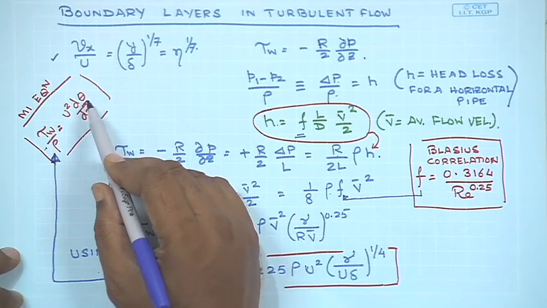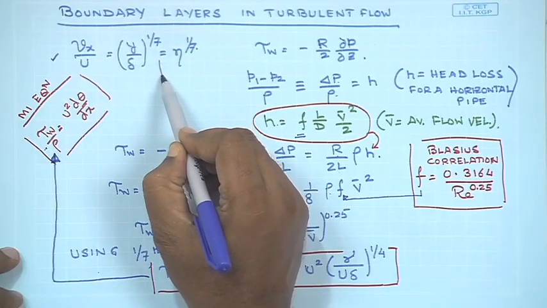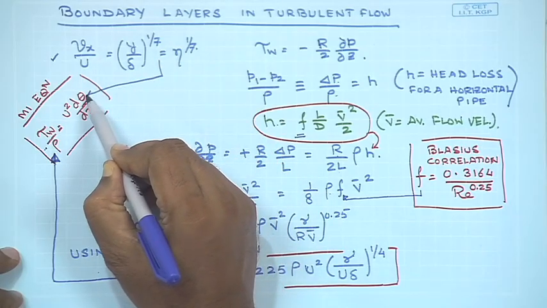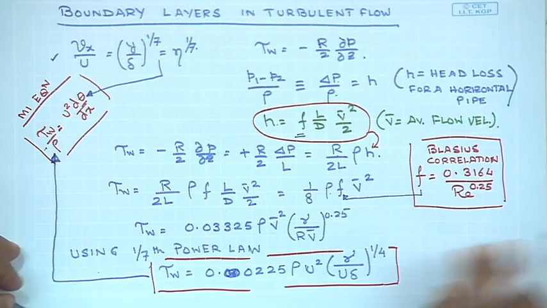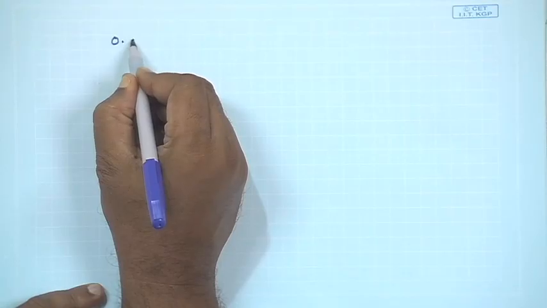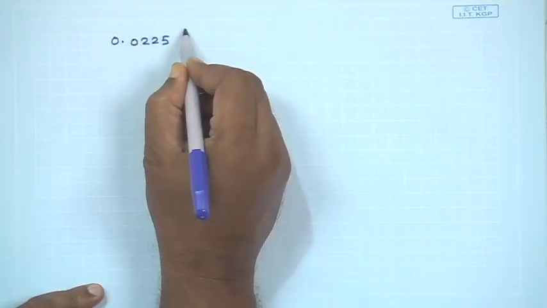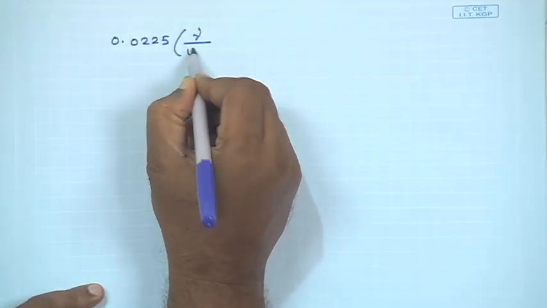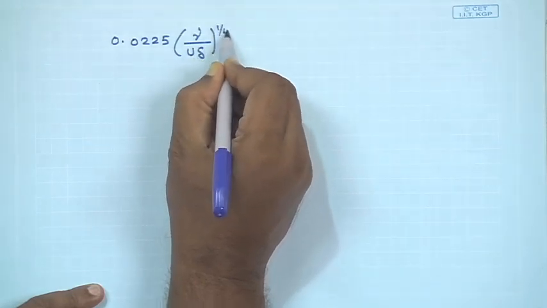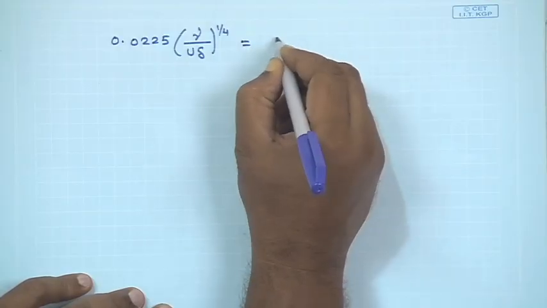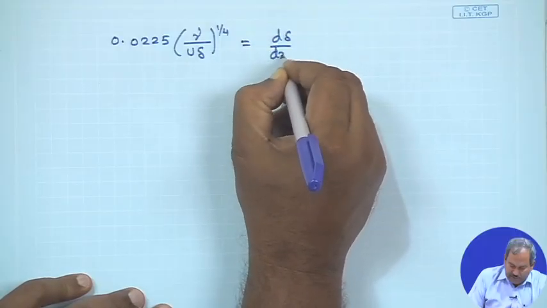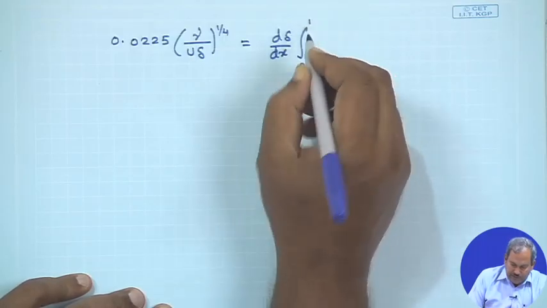And in the left hand side and the right hand side, I can directly plug in the expression for Vx by u in the 1/7 power law form. So, once I write it once again, the exact form would look something like this. The left hand side, which we have obtained previously, is equal to d/dx of delta, the ordinary differential equation, times the integral from 0 to 1.